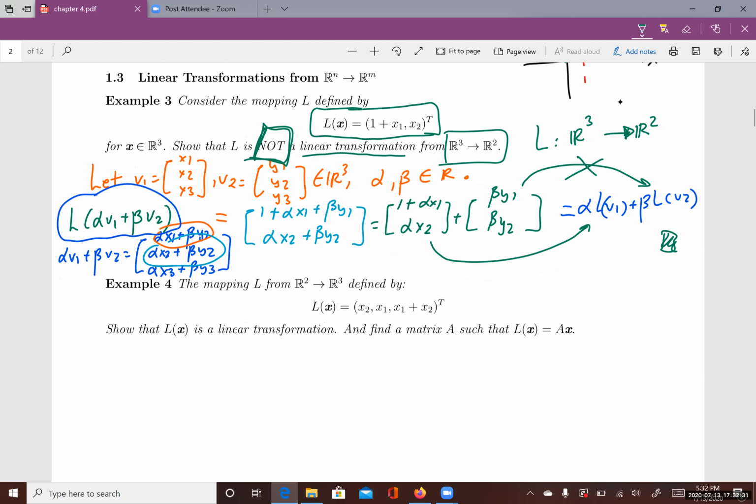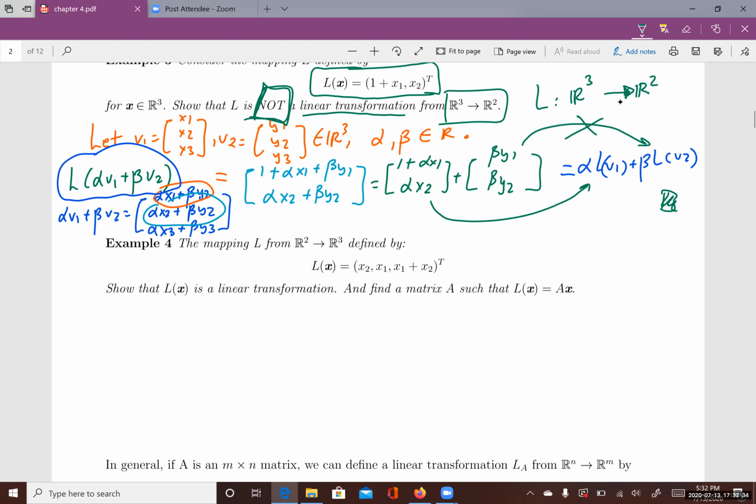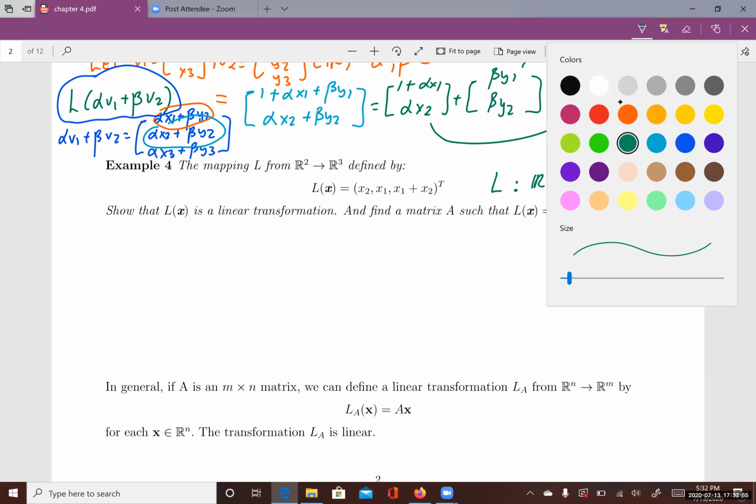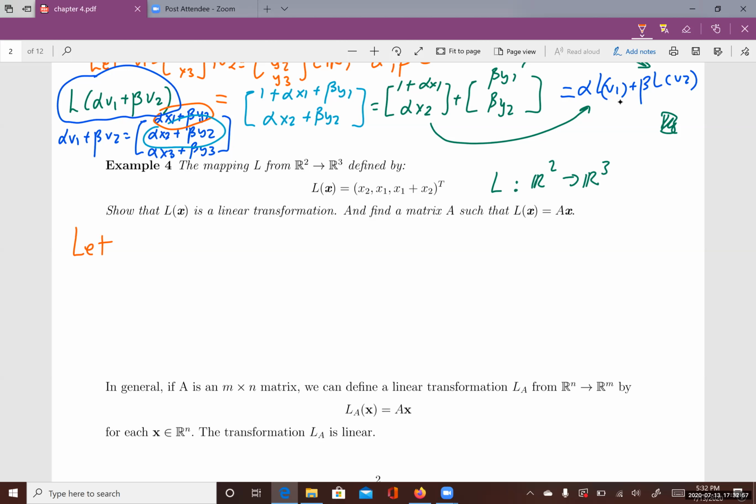All right. Now let's go to the next example, example number 4. I have another map that is mapping some vectors from R2 to R3, so the map is L from R2 to R3. Well then, I need to call out two vectors, and whenever you call out two vectors, you need to call them out from this vector space.